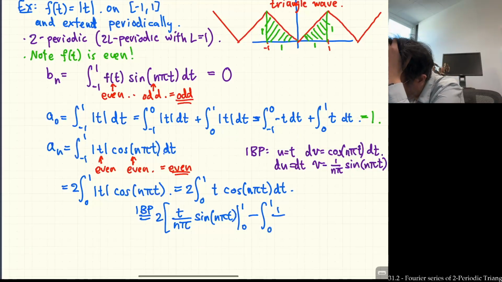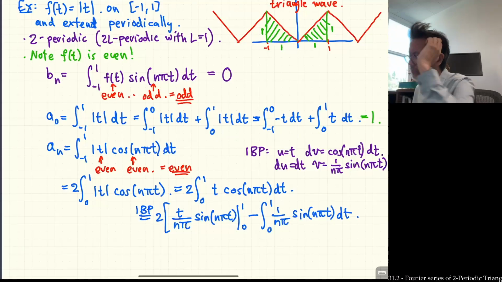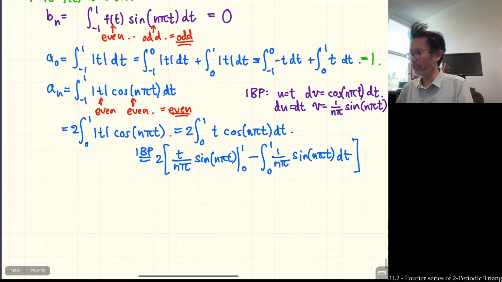So that's 1 over n pi times sine of n pi t dt. And then close the bracket, and yeah, we're good.